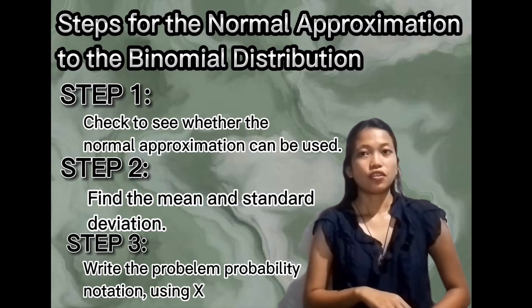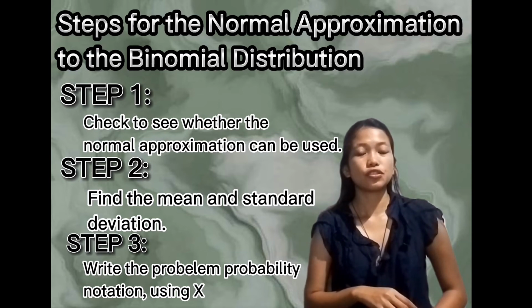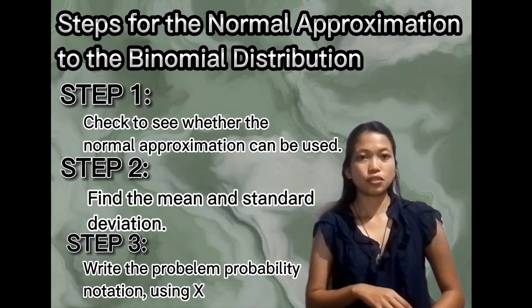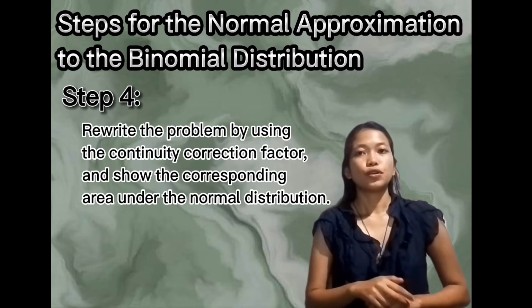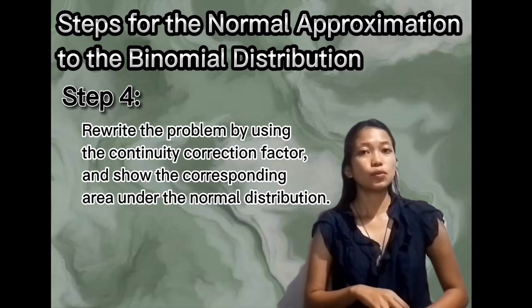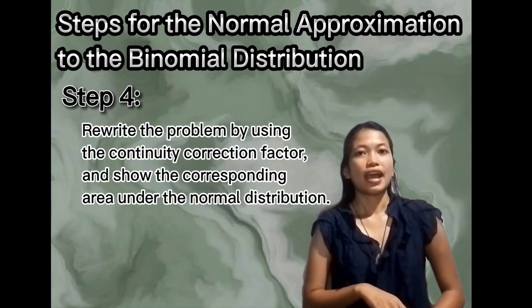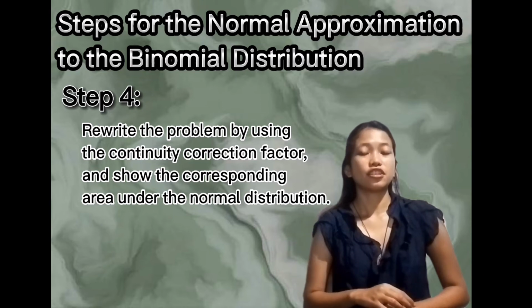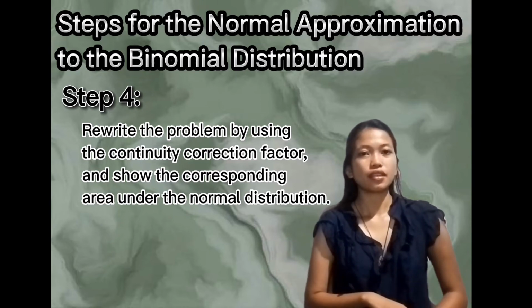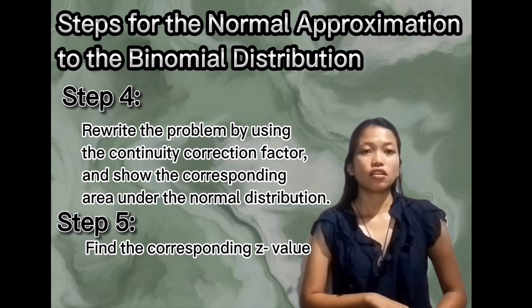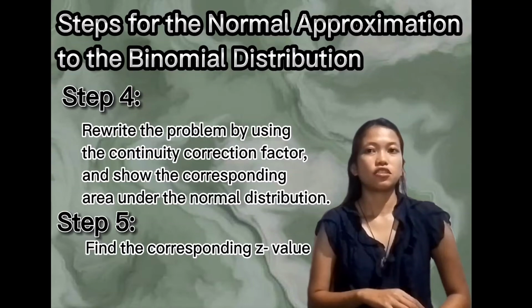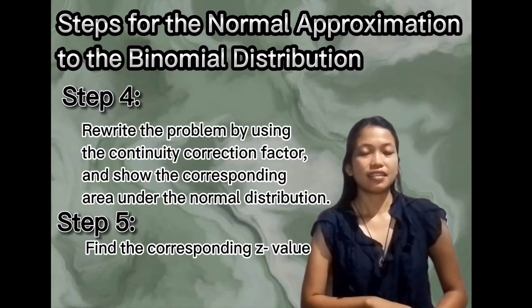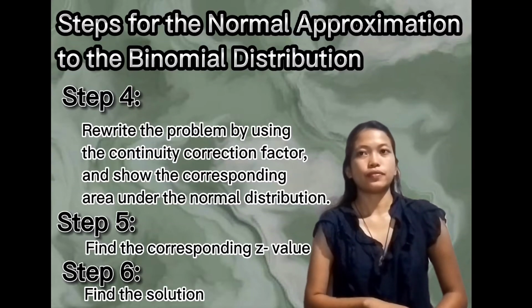Step 3. Write the problem in probability using x. We should refer to the summary of the normal approximation in step 3. Step 4. Rewrite the problem by using the continuity correction factor and show the corresponding area under the normal distribution. Step 5. Find the corresponding z values using the z formula on the topic discussed by Mr. Aposejo. And for the last step, find the solution.